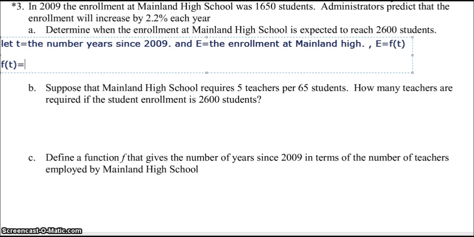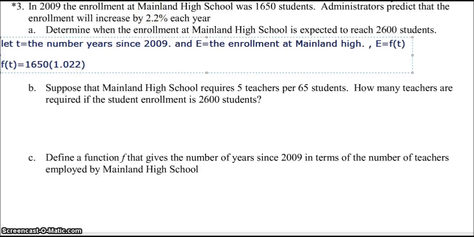So what does such a function look like? f of t equals our initial value 1650 times the growth rate 1.022. That's just 1 plus the percent change as a decimal, or 100% plus 2.2%, made into a decimal. And then we need our exponent.